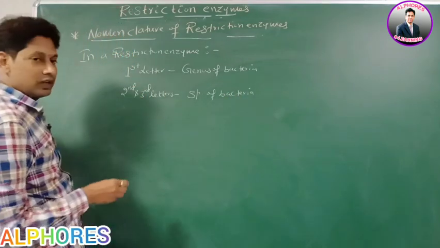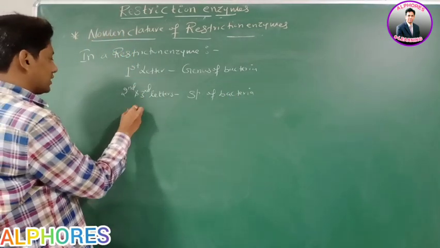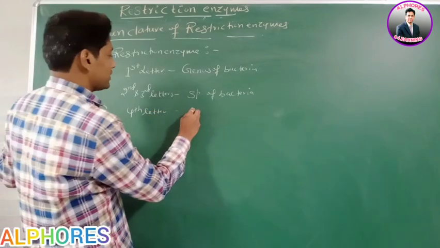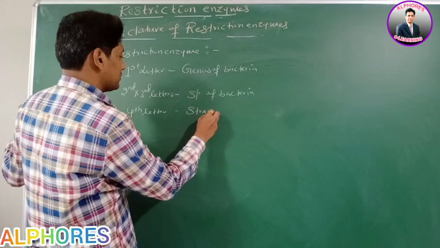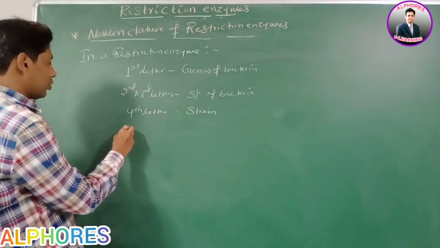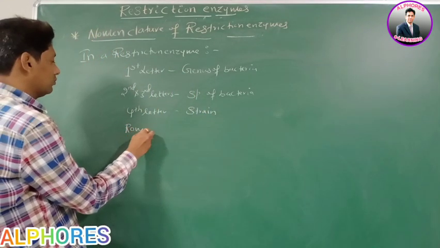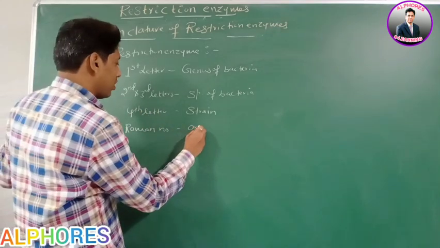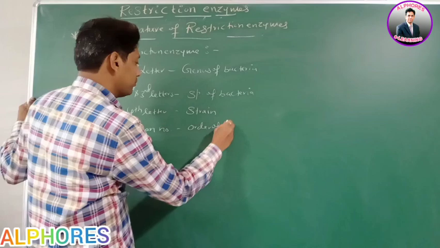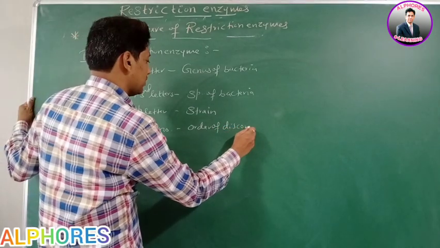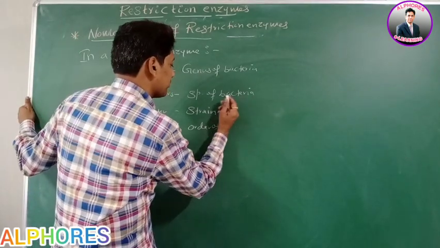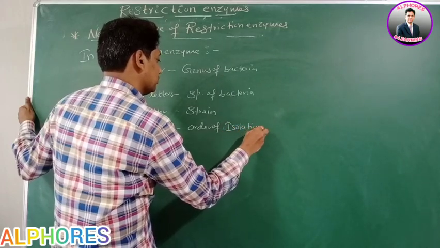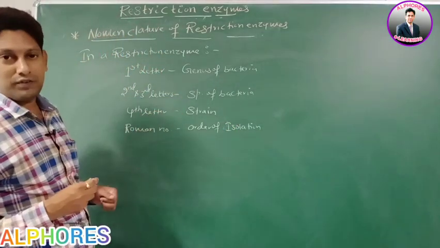The fourth letter stands for strain. The Roman number indicates the order of isolation.